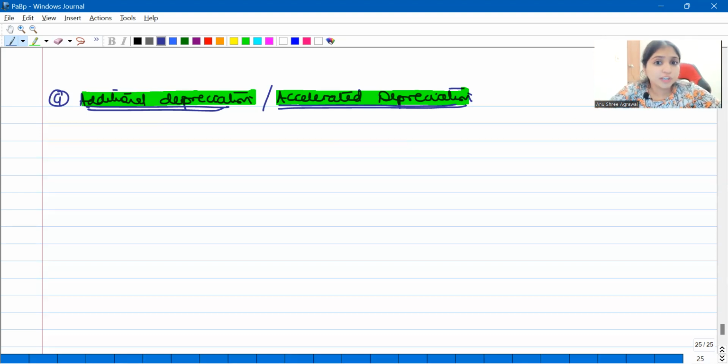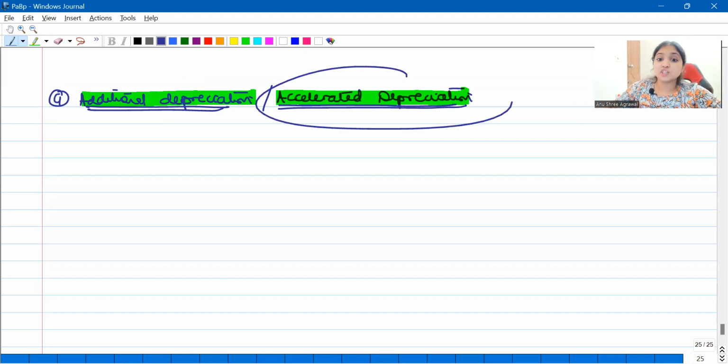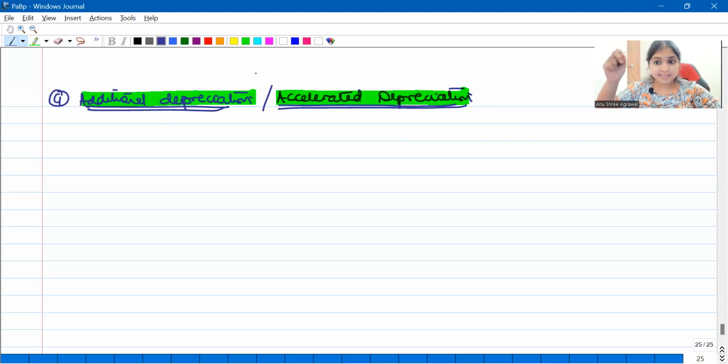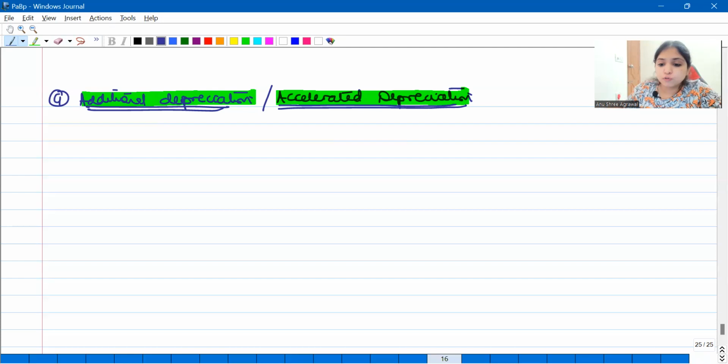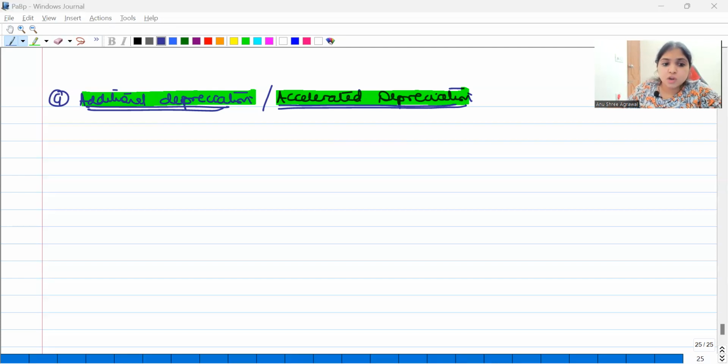And that's exactly what your assessee wants. Right, guys? So if you want to avail this benefit of additional depreciation, also called accelerated depreciation, then you have to fulfill multiple conditions. What are these conditions? Let me explain to you one after the other.